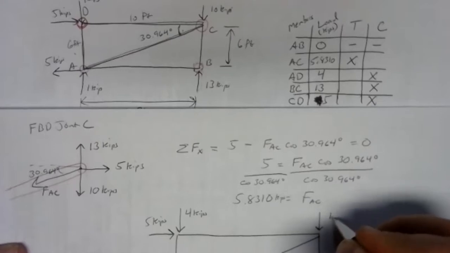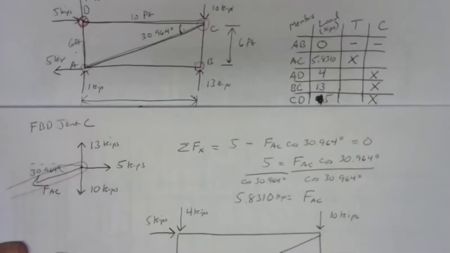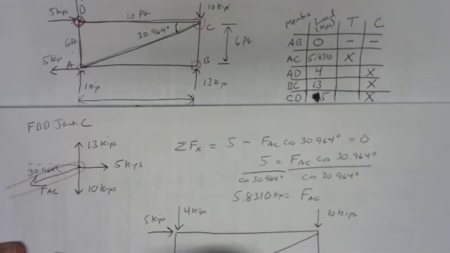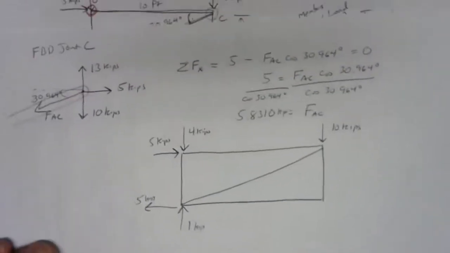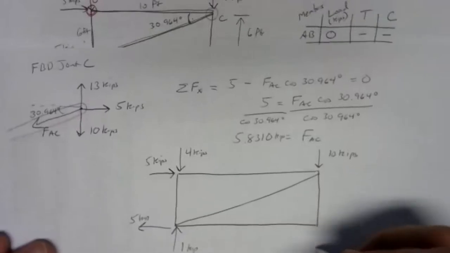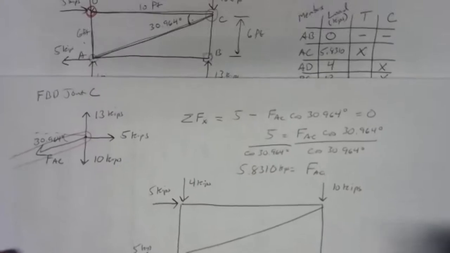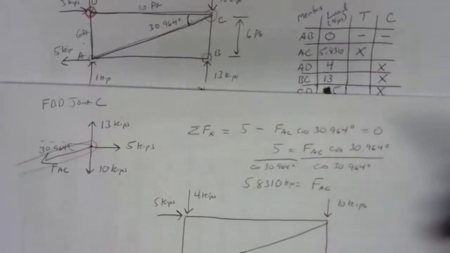So first I'll draw in my applied loads and my reaction forces. So there's that, and 13 kips. And now I'll fill in the table. So member AB carried no load.